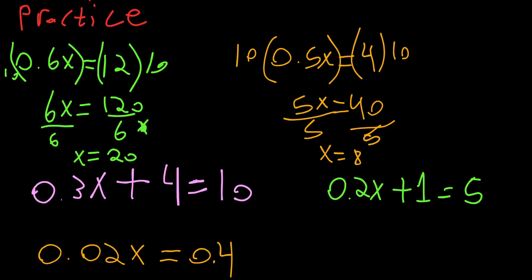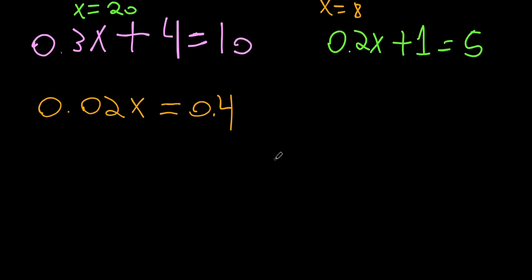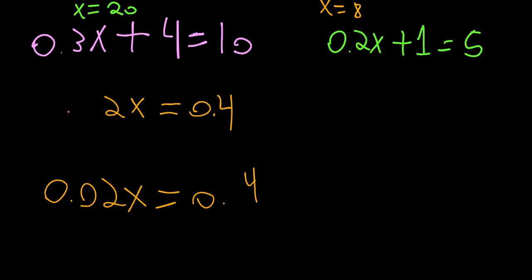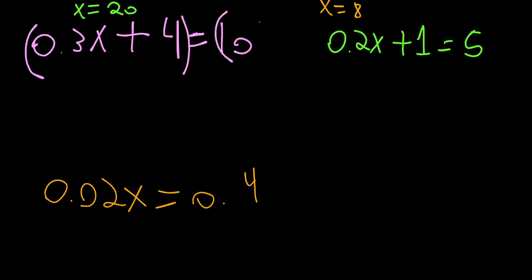Okay? And I'm going to go ahead and scroll down. We're going to rewrite this one down here: 0.02x equals 0.4. I'm going to put that one in there for the decimals on both sides. Now we'll handle this one in pink. We need to multiply both sides by 10 to clear that decimal.